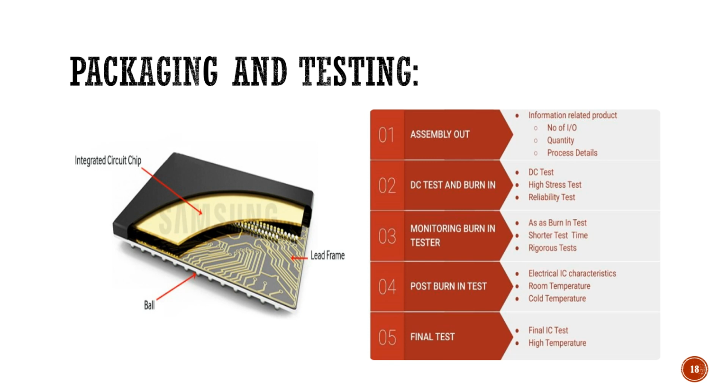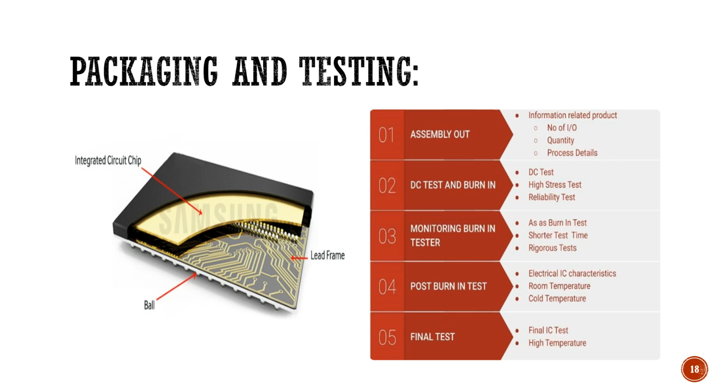DC test and burn-in indicates the various DC tests, reliability test, high stress test. Monitoring burn-in means that you are going to monitor the IC under various operating conditions where shorter test times can be involved and several tests need to be carried out frequently.